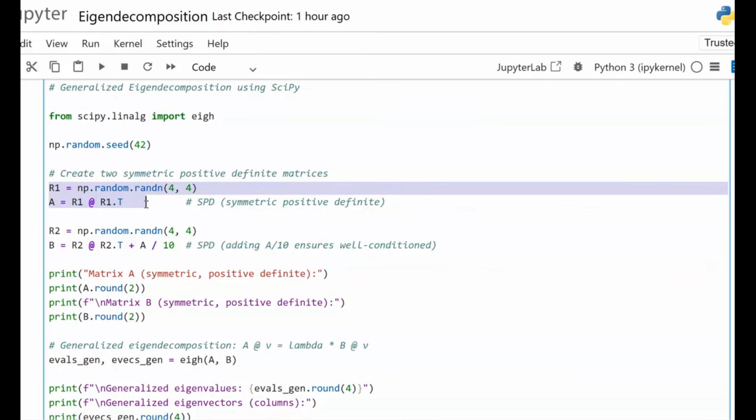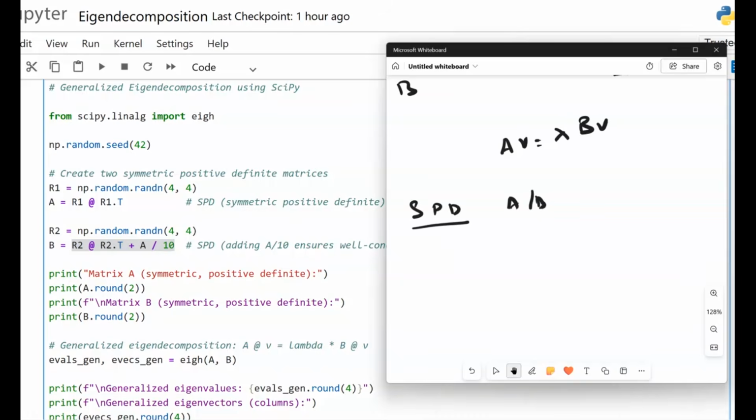Kindly observe, this is guaranteed symmetric positive definite, because R times R transpose is always symmetric and positive semi-definite. And when we add A divided by 10, this ensures strict positive definiteness of B and better numerical conditioning. So both A and B satisfy X transpose A X greater than 0, and X transpose B X greater than 0.